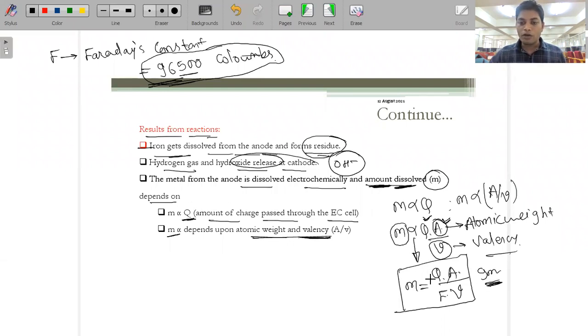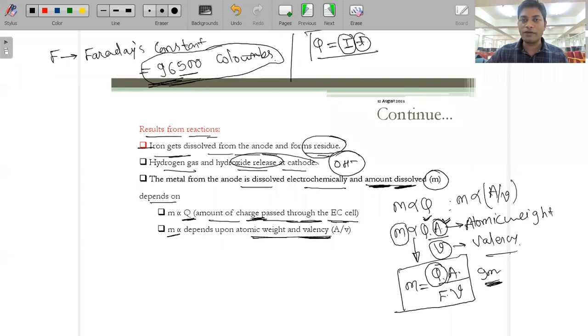Now one more thing is that here we can replace this q, because q is the amount of charge that is passed through this EC cell. So q will be equal to I into t, that is, the amount of current passed through for the given time.